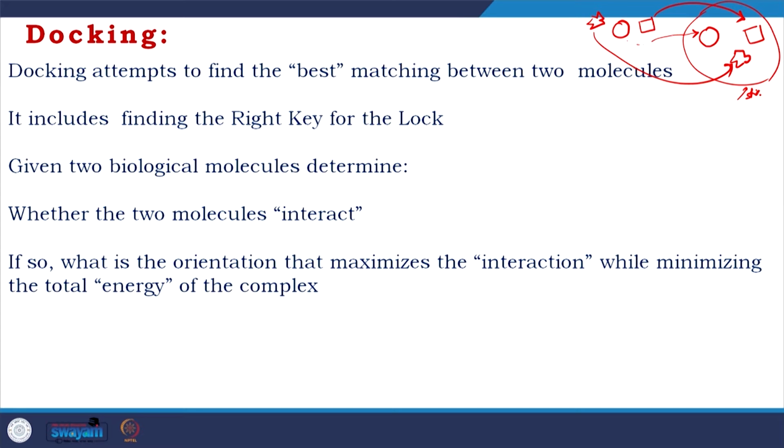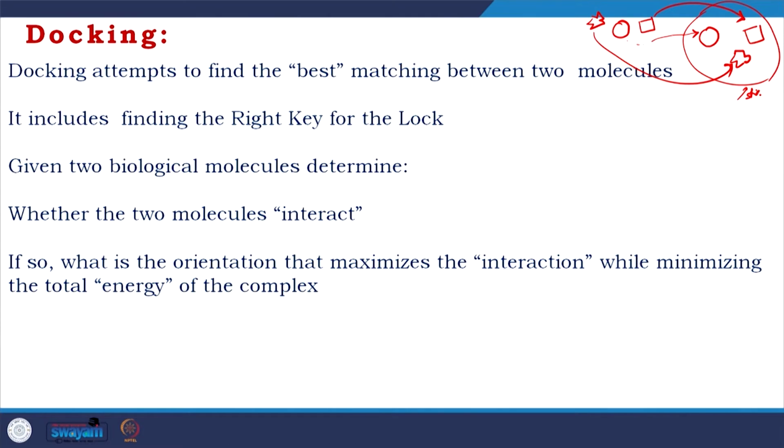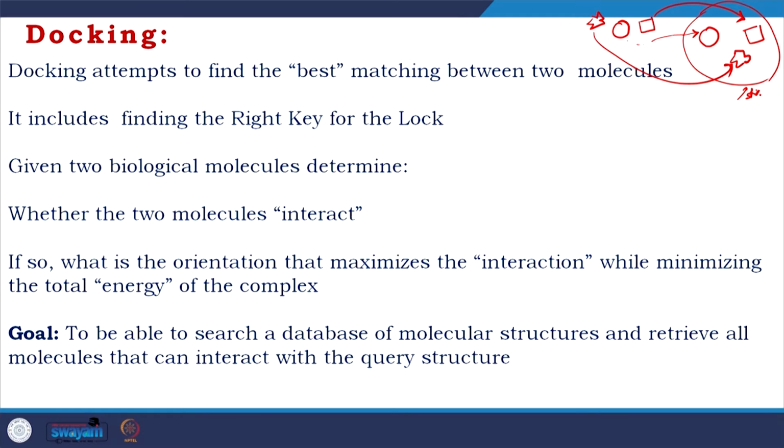I repeat, do they interact or not? If they interact, what is the orientation that maximizes the interaction while minimizing the total energy of the complex? The goal of docking is to be able to search a database of molecular structures and retrieve all molecules that can interact with the query structure.